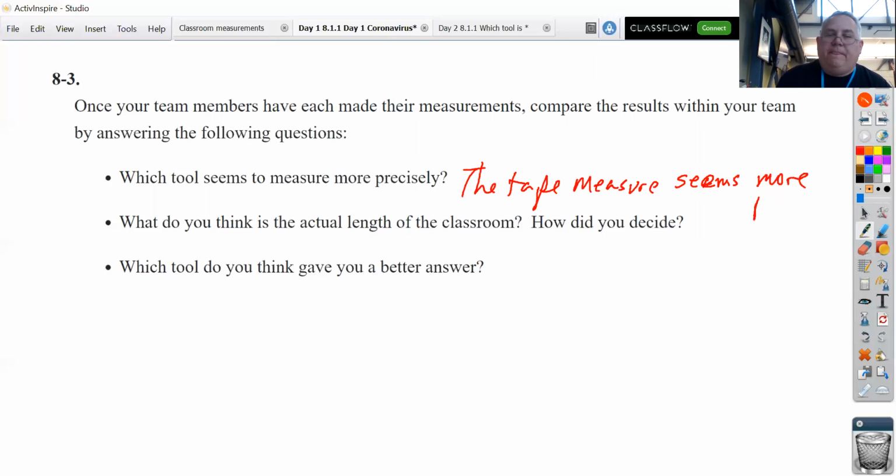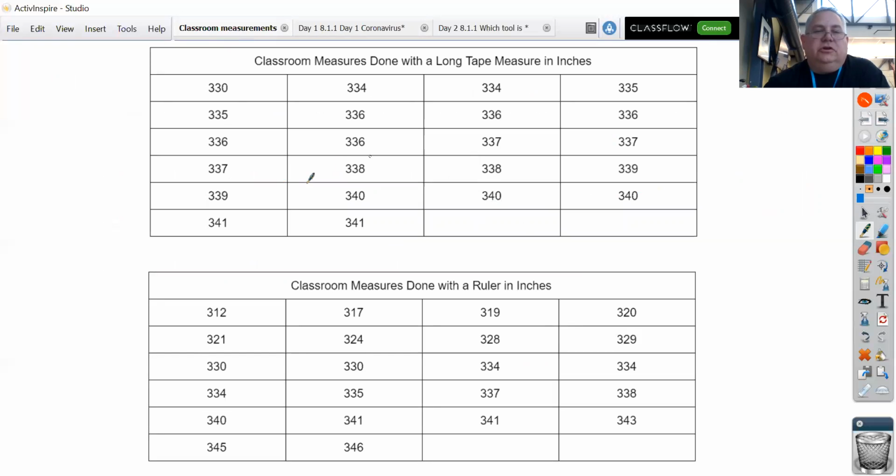Now, what do you think the actual length of the room is, and how do you decide? Well, if we were going by the tape measure numbers, between 330, and these numbers are in order from least to greatest, by the way. Thank you, Mr. Punches. 330 to 341, where would you put the actual length? I don't know, I might put it in the middle of those somewhere. Maybe a lot of 336s, some 337s. I'm thinking maybe like 336, 337. That'd be my guess.